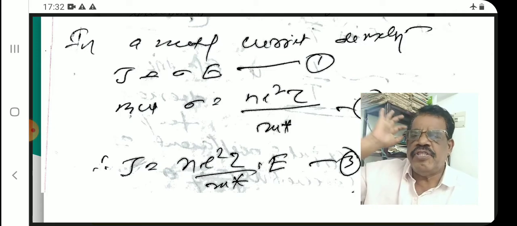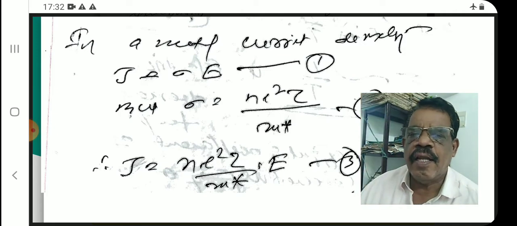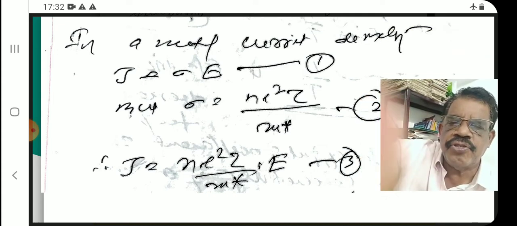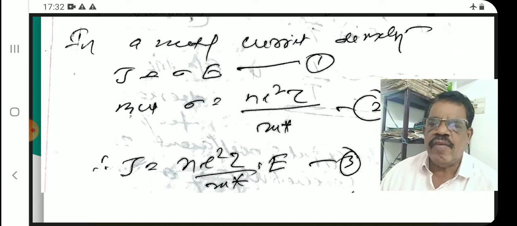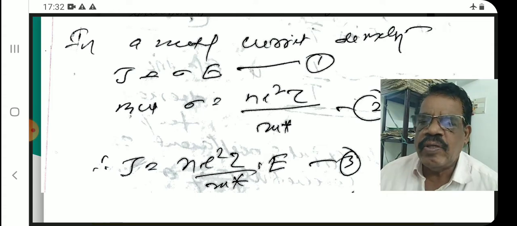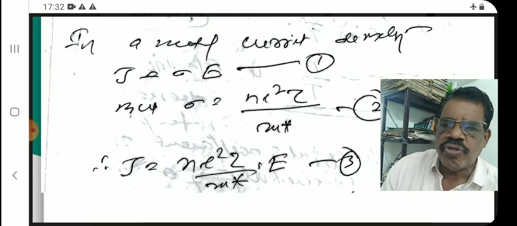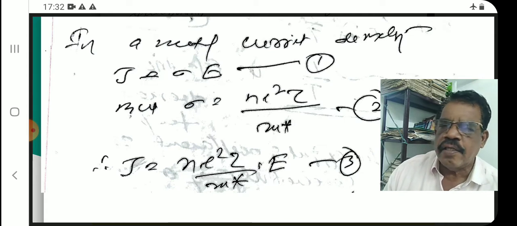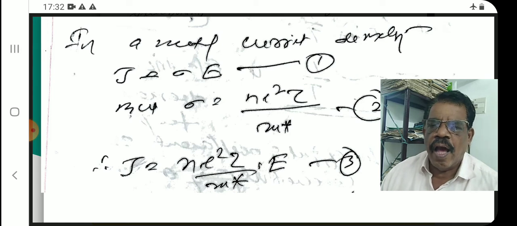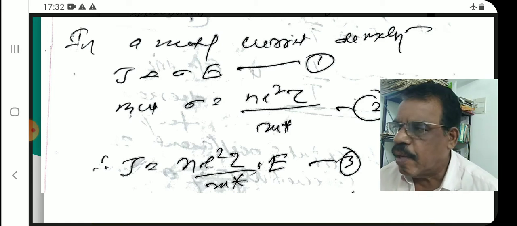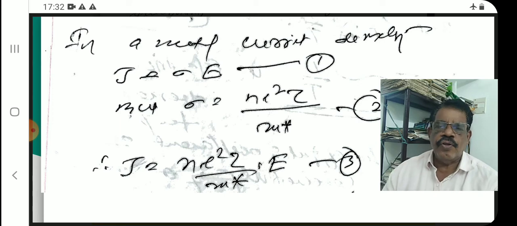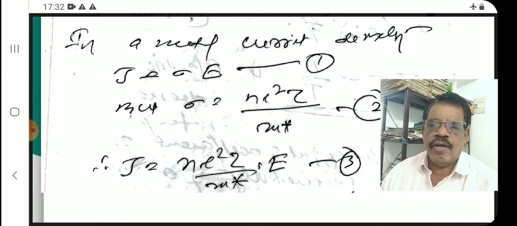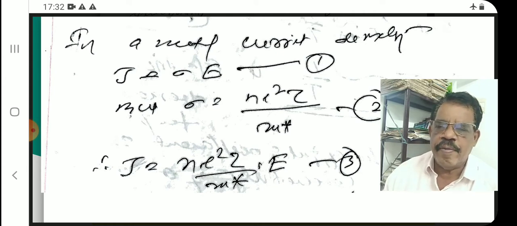And you know, by definition, in a metal, current density J is sigma E, and from classical physics, from Lorentz-Drude theory, we have studied the conductivity sigma is equal to n e square tau by m star. n is the electron density, e is the electronic charge, tau is the collision time, and m star is the effective mass of the electron inside the metal, and that we have seen many times.